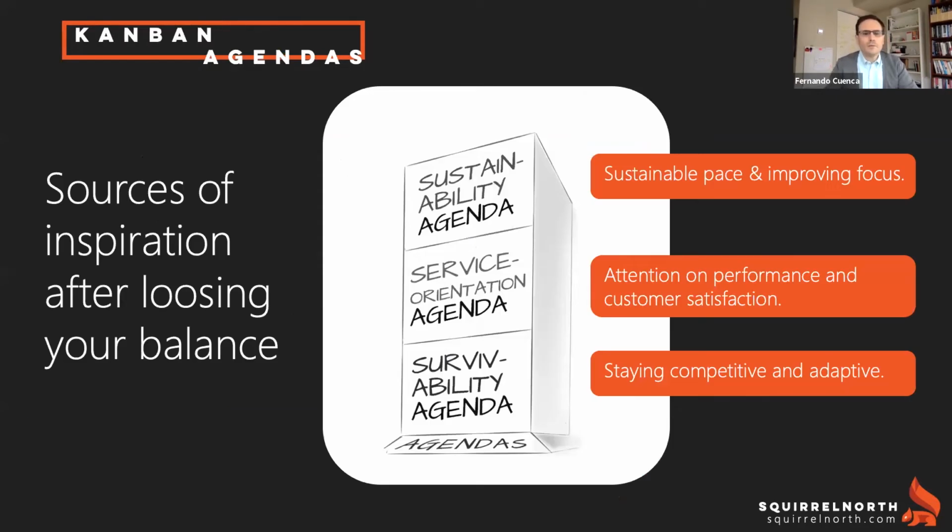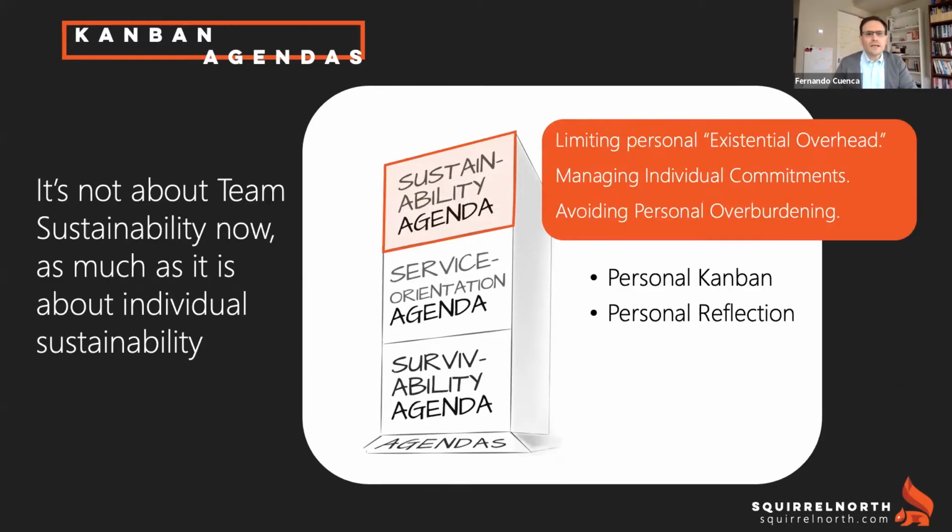So in Kanban, we have these things we call the agendas, which are motivations for applying Kanban. And well, we figured that maybe this is a place where we can look for inspiration when we're trying to regain balance. So the first agenda is about sustainability, the sustainability agenda, and it's all about sustainable pace and improving focus.